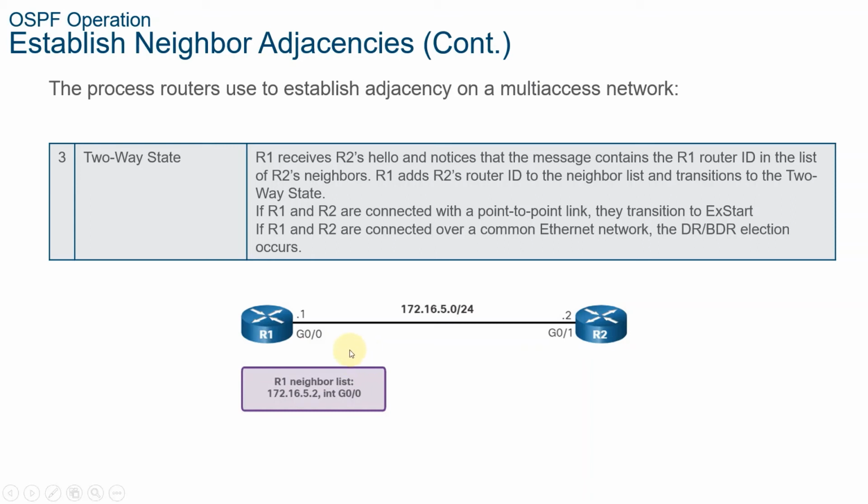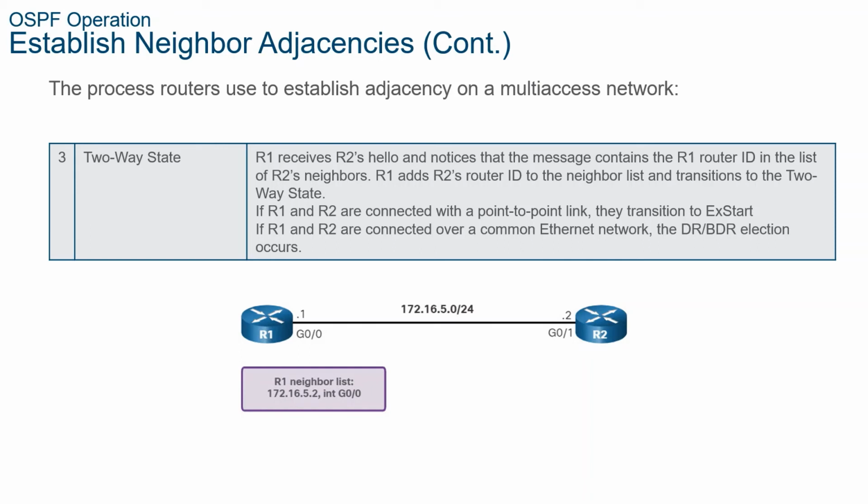When a router receives a hello packet with its router ID listed in the list of neighbors, the router transitions from the init state to the two-way state. The action performed in the two-way state depends on the type of interconnection between the adjacent routers.